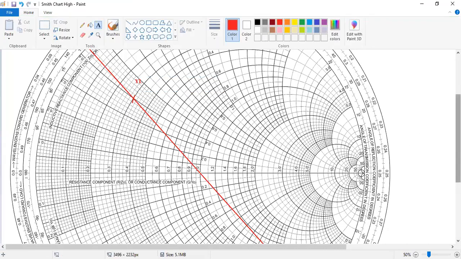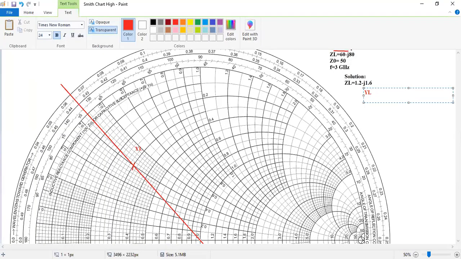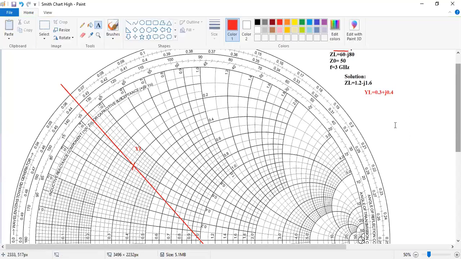YL equals, how much is YL? 0.3, plus, as it is minus, it will be plus J 0.4. Okay, is it okay?